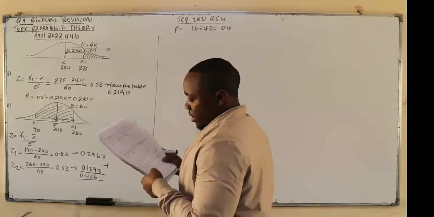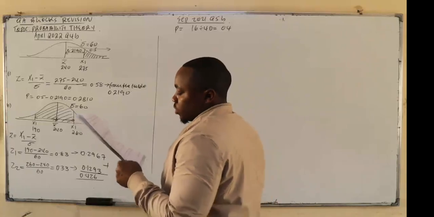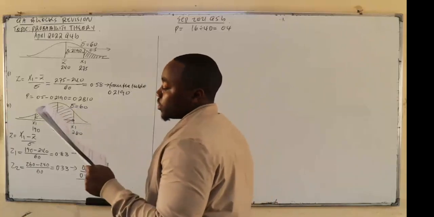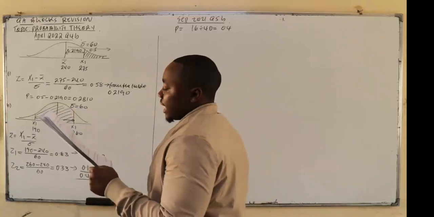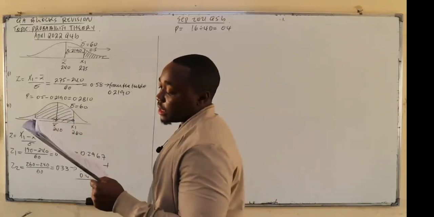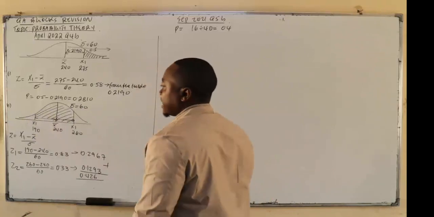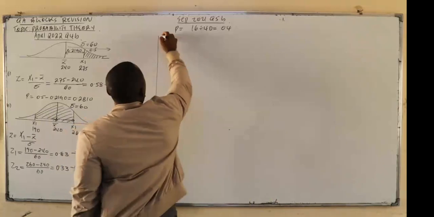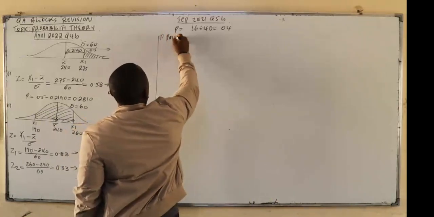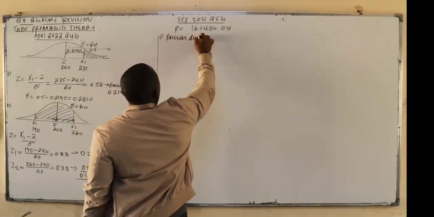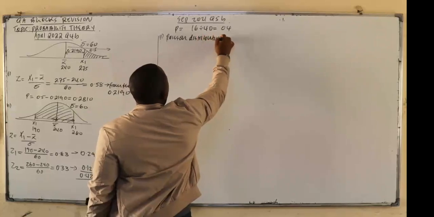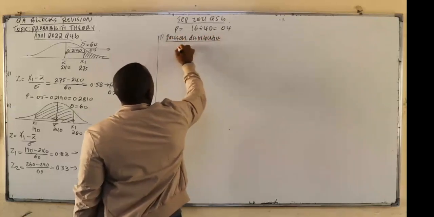Required, number 1. Assuming that distribution of defective bolts follows Poisson distribution, calculate the probability that at least 3 bolts were defective. Number 1, we have to use Poisson distribution. Now, for Poisson distribution, you need to know how to get the probability.